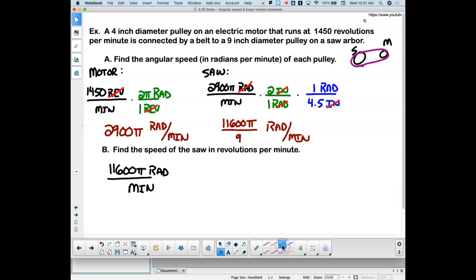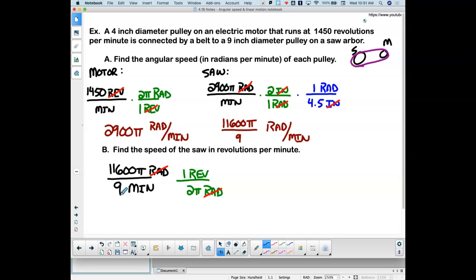Well, 1 revolution is 2 pi radians, correct? So my radians go away, and now I'm in revolutions per minute. Oops, I should have put 9 down here. This should still be a 9 there.